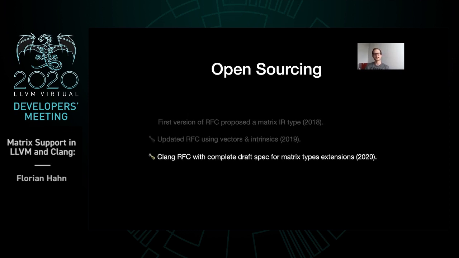And similarly, on the Clang side of things, we worked with the Clang community to come up with a complete draft specification for the matrix types extension with documentation. And this landed a few months ago, and the implementation is almost complete.